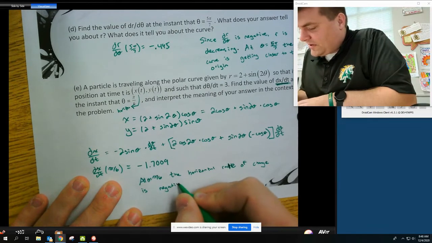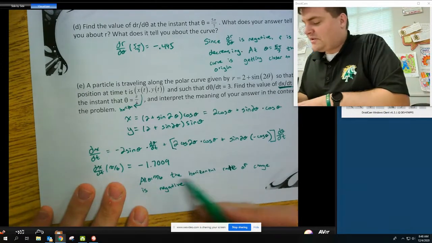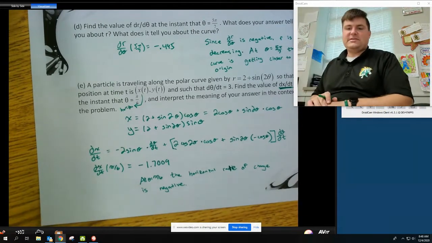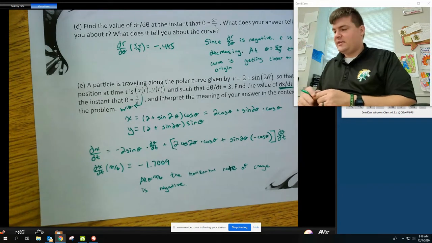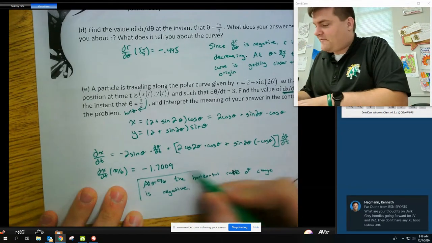And that's really all you need here. So at pi over 6, the horizontal rate of change is negative, or you could say that the horizontal position is decreasing. That's fine as well. So that's what that means for that final part.